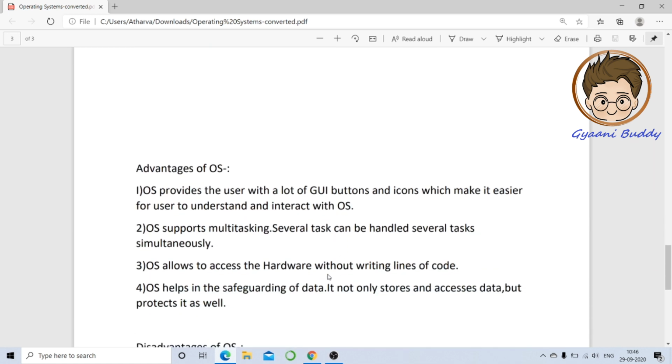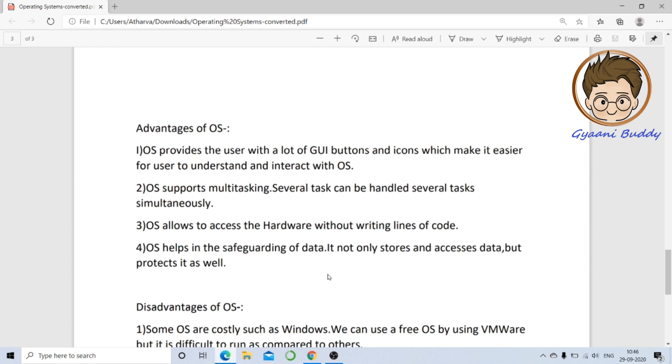Now, let us look at some of the advantages of operating system. Now, first, OS provides the user with a lot of GUI buttons and icons which make it easier for the user to understand and interact with the OS. Second, OS supports multitasking. Several tasks can be handled simultaneously.